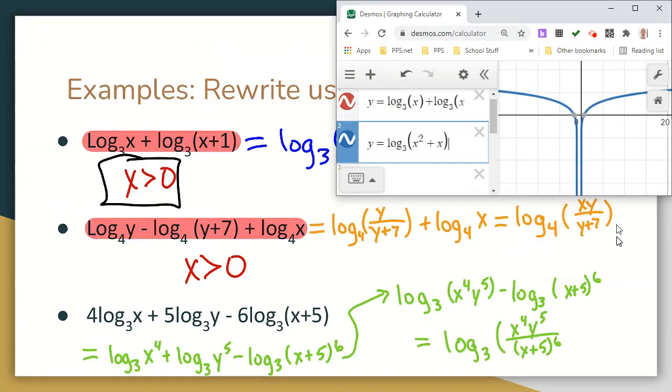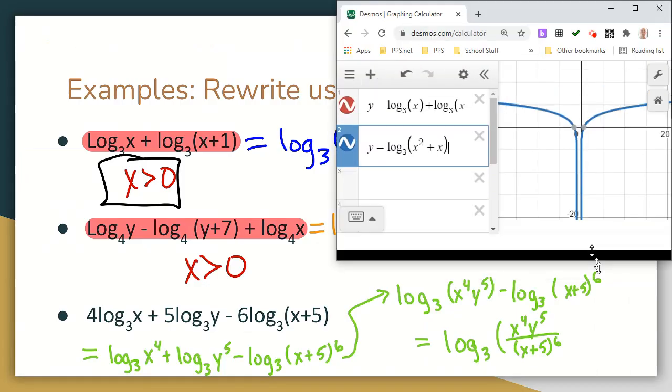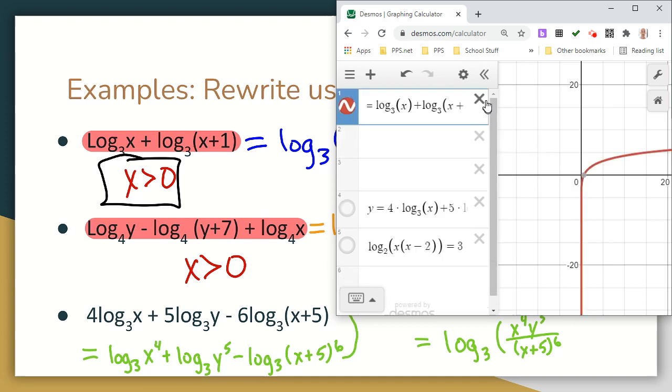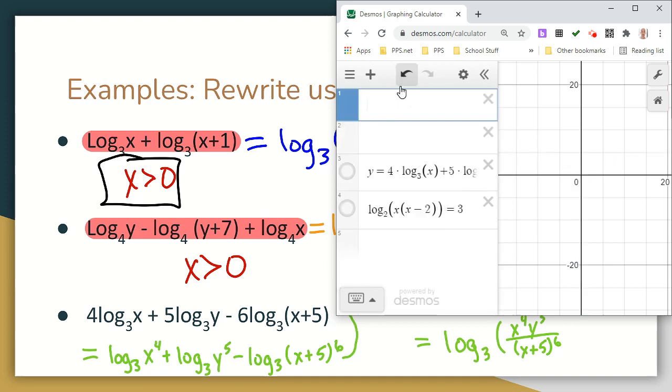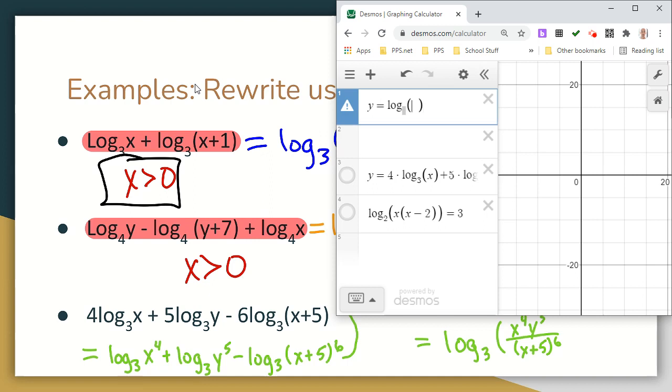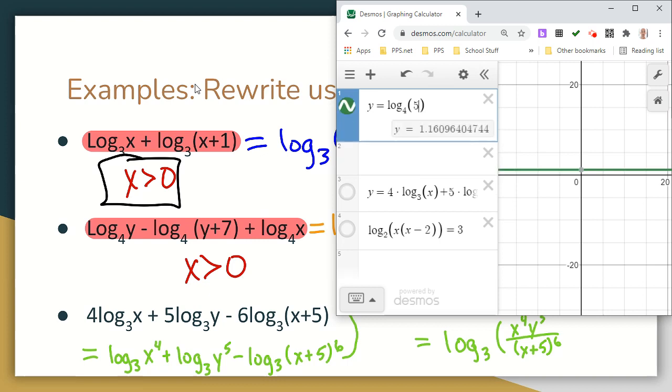I'm going to get rid of those first two, and here I'm going to do y is equal to log base 4. And we can make y be whatever we want. Let's make it 5 for no reason.